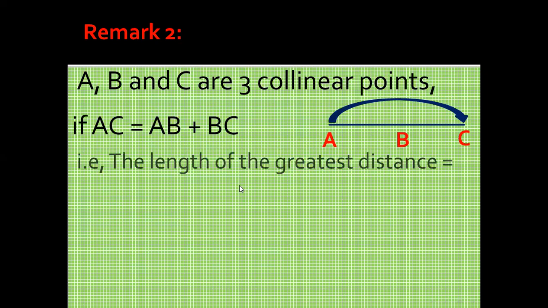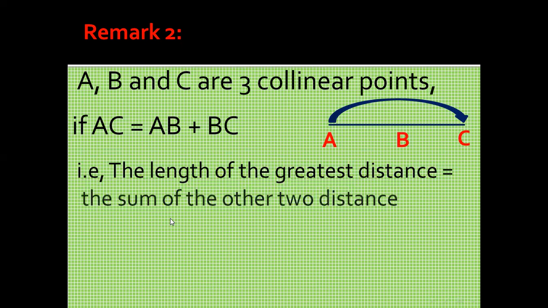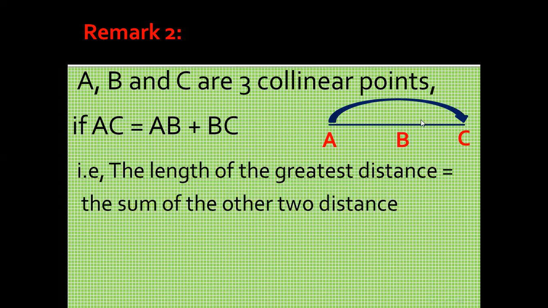If AC equals AB plus BC, the length of the greatest distance equals the sum of the other 2 distances, then we can say that A, B, C are collinear. Collinear means the 3 points lie on the same straight line.